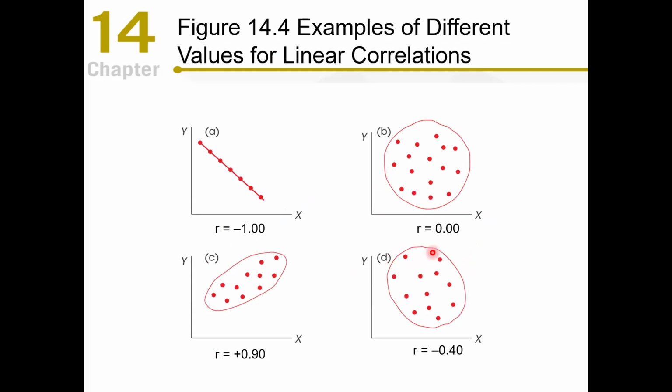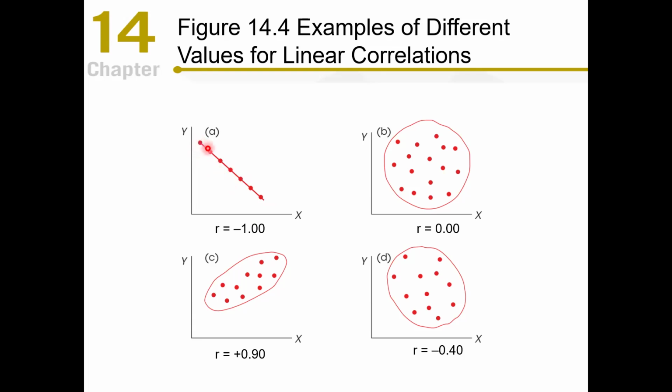So we talked about the different values, the coefficient, and it varies from 0 to plus or minus 1, right? So we have your y-axis here and your x variable here. This shows a perfect negative relationship, meaning that for every change in y, you see a corresponding change in x.